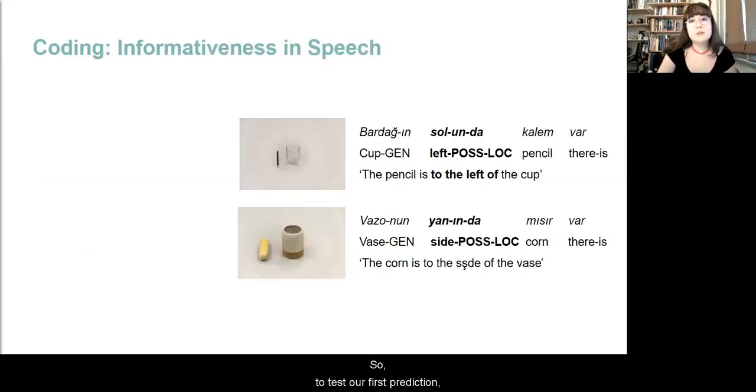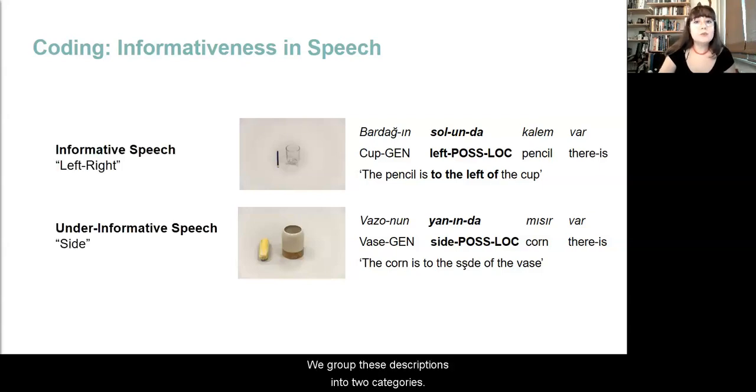So, to test our first prediction, we coded participant speech, and we found 2 ways of describing, using either left-right spatial terms or a general term, side. We grouped these descriptions into 2 categories, informative speech and under-informative speech.